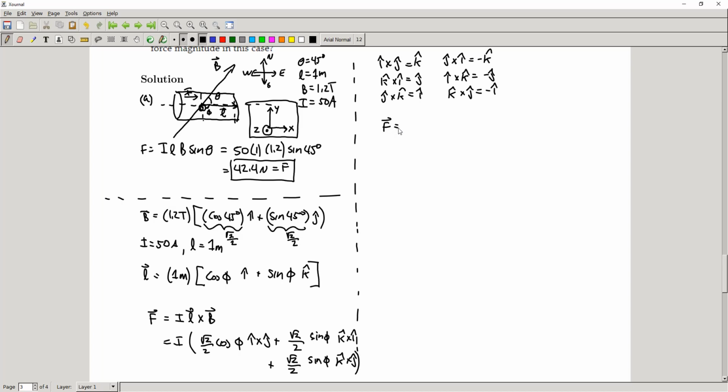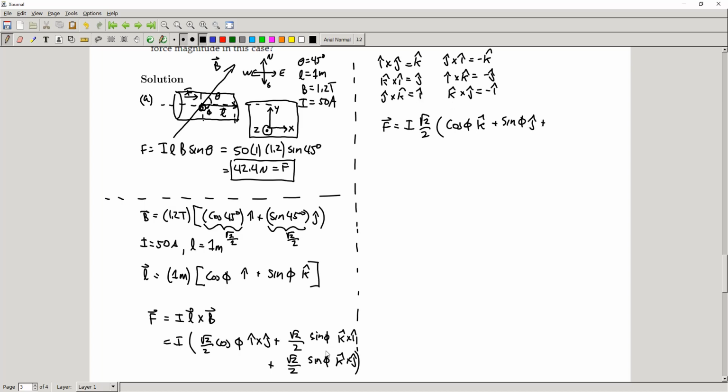We have F, which is equal to, I'll take it one more step further here. So we'll have, I'm going to pull out a root 2 over 2 here, root 2 over 2, and then we're going to have cos phi, i hat cross j hat, well that's k hat. Then we have this root 2 sine phi k hat cross i hat, well k hat cross i hat, that's j hat.